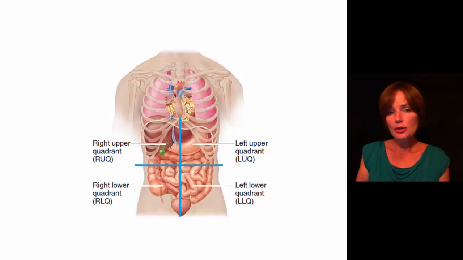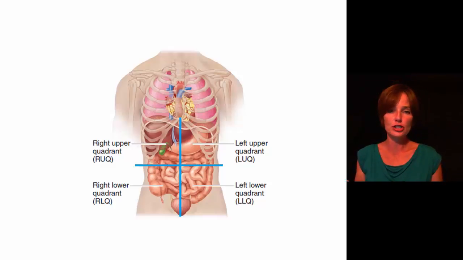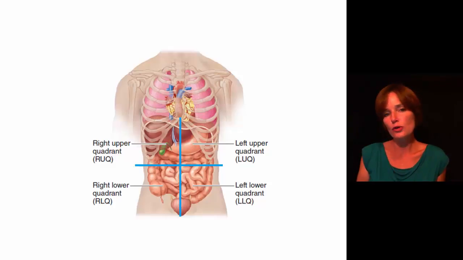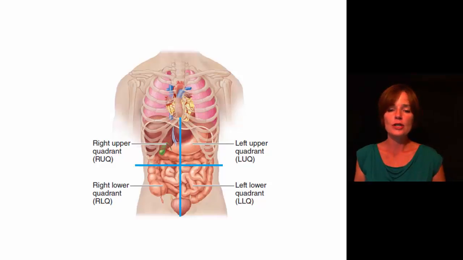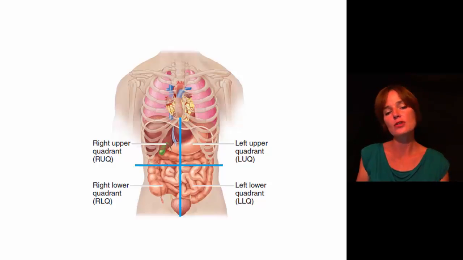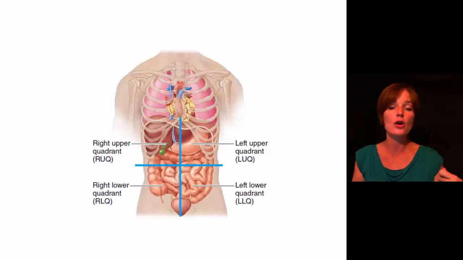So with the abdominal cavity, there's a few different approaches to actually dividing and sectioning it up. One is to divide it into 4 quadrants. And so you can see those 4 quadrants right here on this slide. You can get a general idea of what's kind of in those different quadrants. So we have 2 upper quadrants, a right and a left. We have 2 lower quadrants, a right and a left.